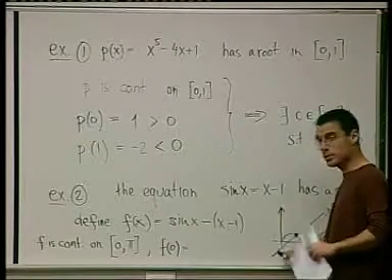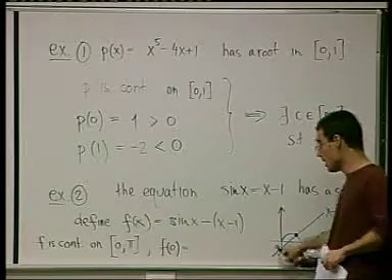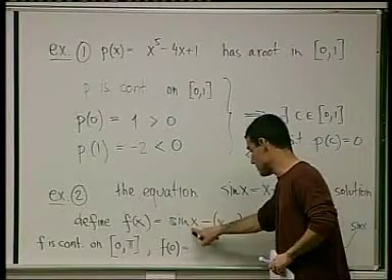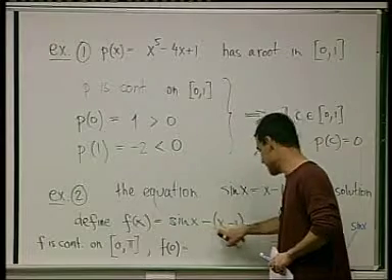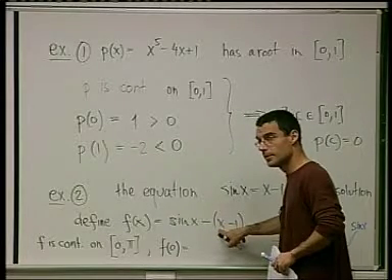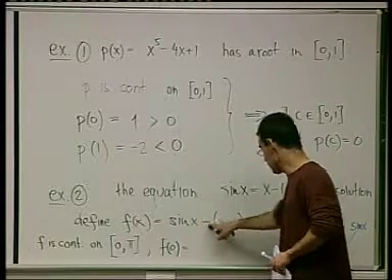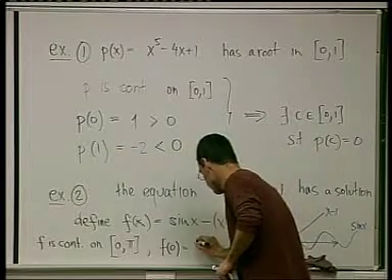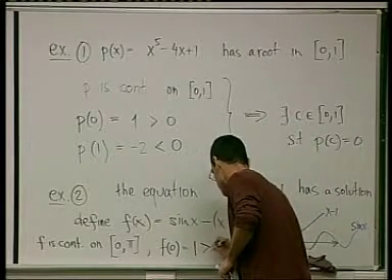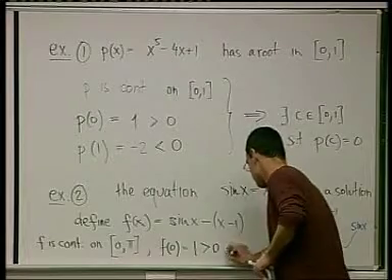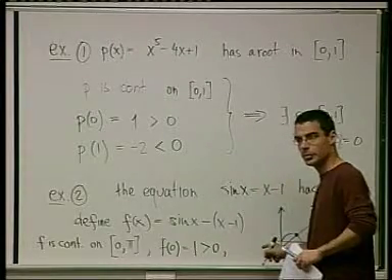Do you see that here? It's a bit small. Do you see that? So sine of 0 is 0, minus 0, plus 1. So it's 1, which is greater than 0. I said negative, right? I meant positive.